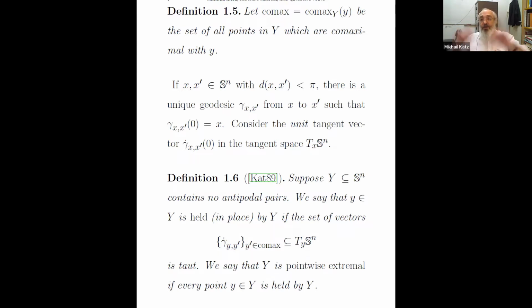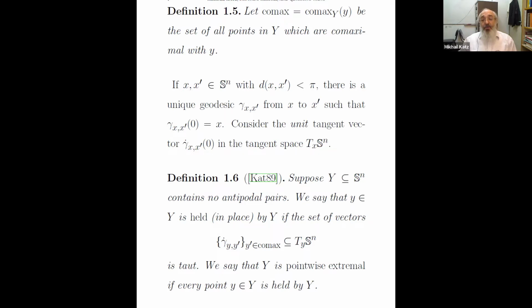So in other words, the directions leading from y to co-maximal points are sort of pointing in all directions. You can't make a small perturbation to decrease the diameter. That's the idea here. So the set of these tangent vectors is supposed to be taut in the tangent space at the point.